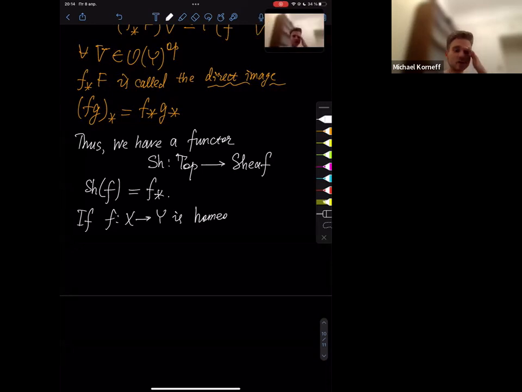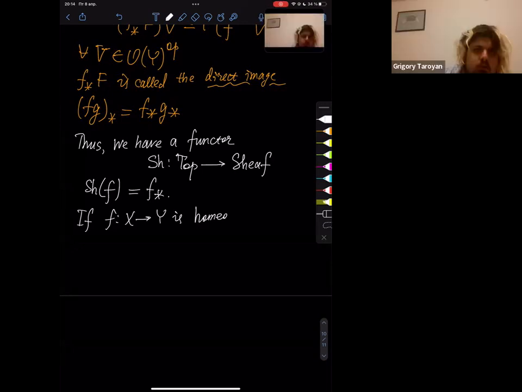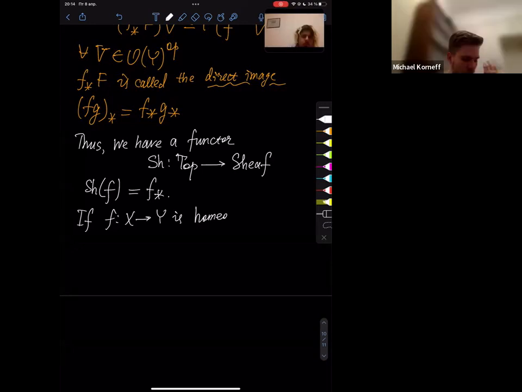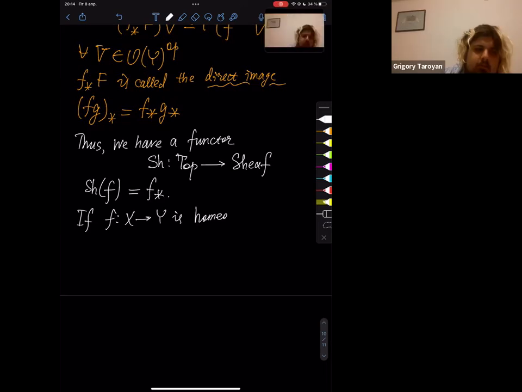Of course. For each topological space, we can consider sheaves on this space. Okay, thank you.